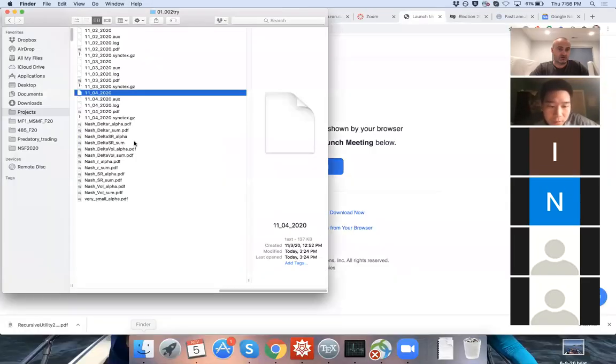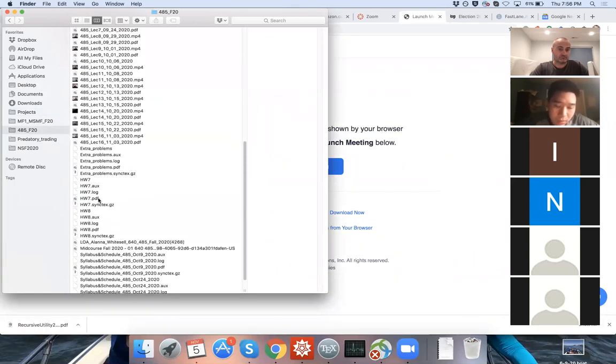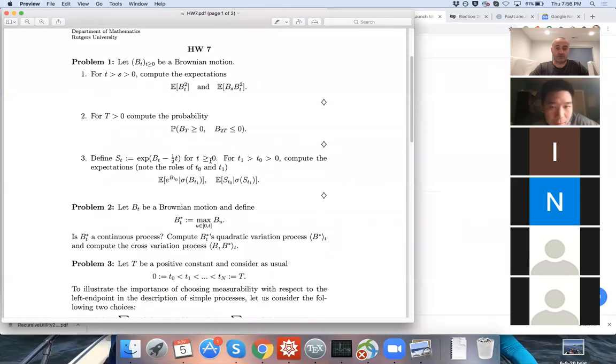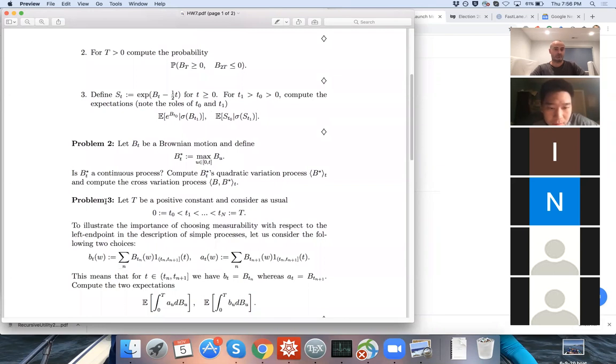Professor, do we have enough material to solve next week's homework? I believe so. If I am not mistaken, I only put questions on there that have to do with Brownian motion. Yeah, you're all good to go. So you see problem number 3.